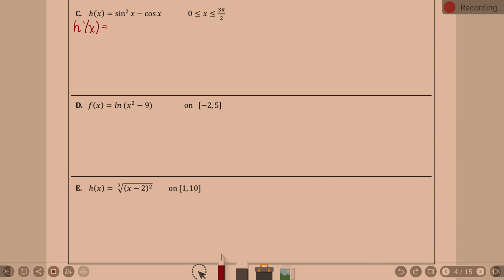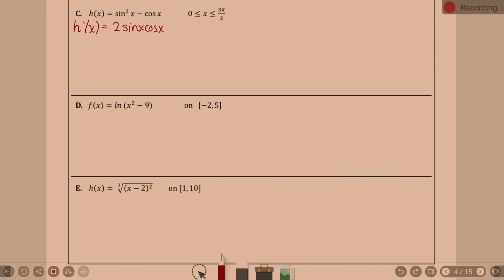What is the derivative of sine squared? The derivative of something to the second power is 2 sine x to the first times the derivative of sine x, which is cosine x. Are you with me there?